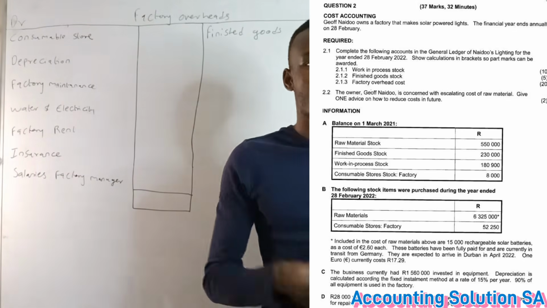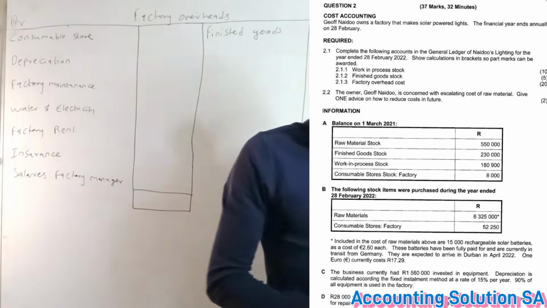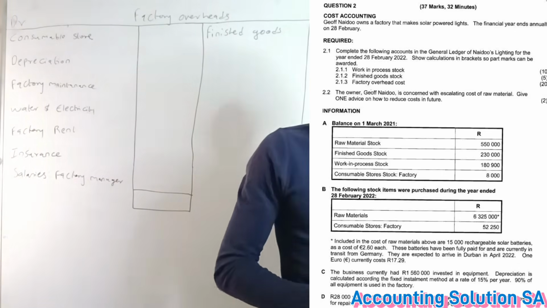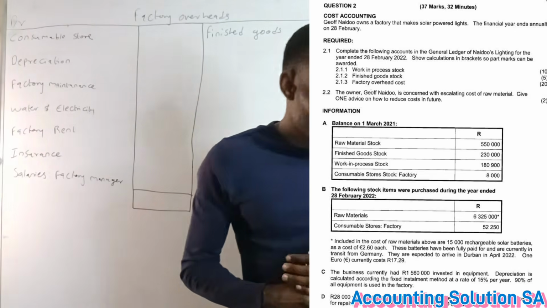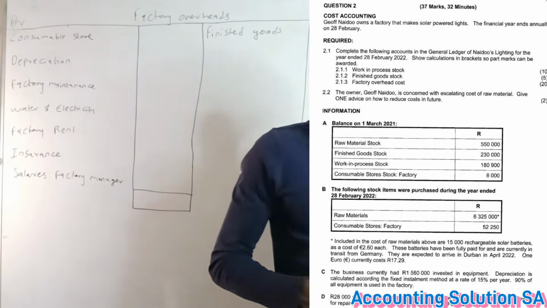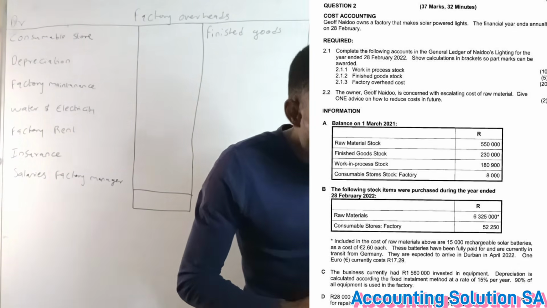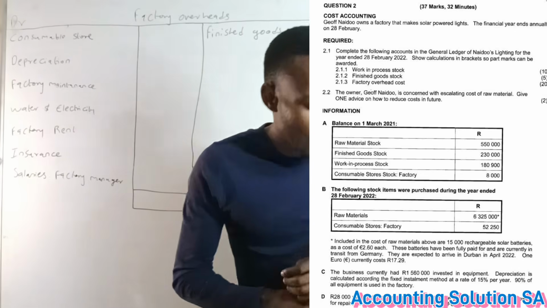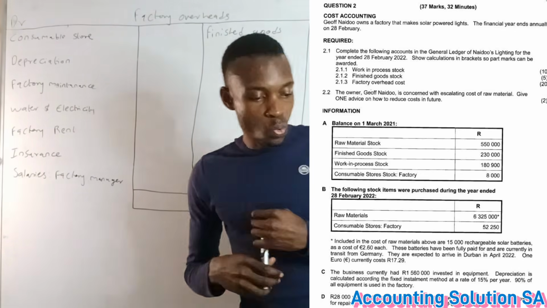So you have to make sure that you show all the calculations. All right, so 2.1.1, they say that you have to prepare a work in progress stock, which is 10 marks. 2.1.2, you have to prepare a finished goods stock, and 2.1.3, you have to prepare a factory overhead cost.